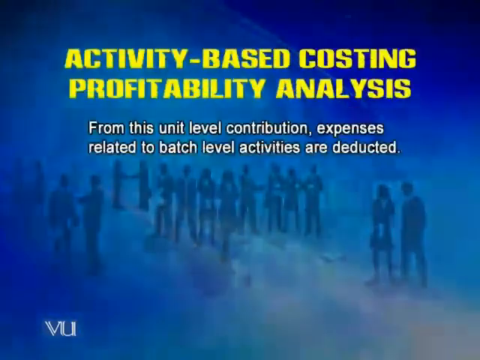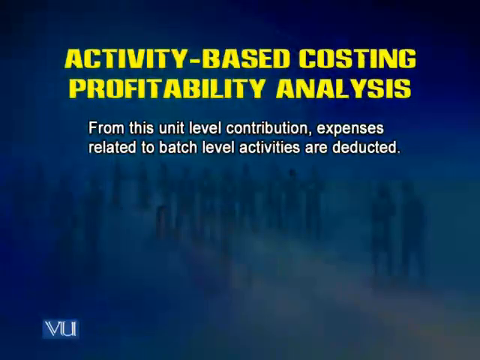And we are saying that starting at the unit level, unit level activity and profitability is arrived at by deducting the unit level cost, which we said is the direct labor and direct material, the cost incurred for producing every unit. So direct cost, such as direct material and direct labor, is deducted from the revenues obtained from this product, which is going to give you the unit level contribution or unit level profitability.